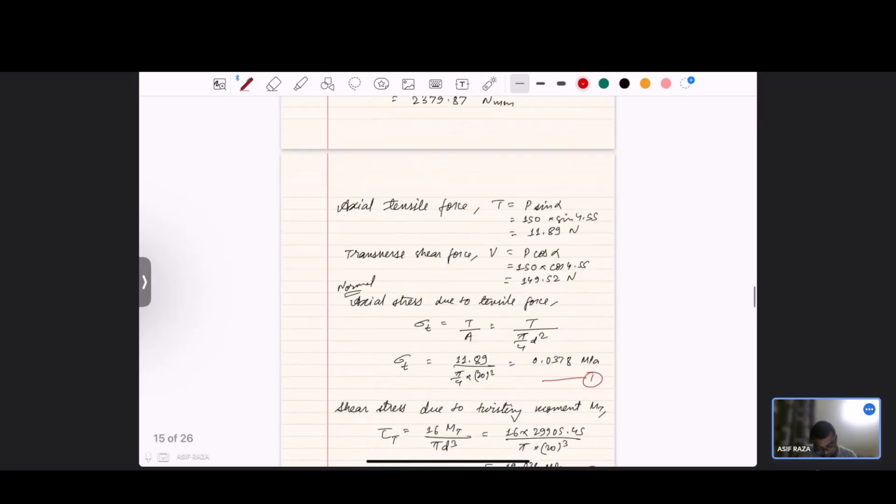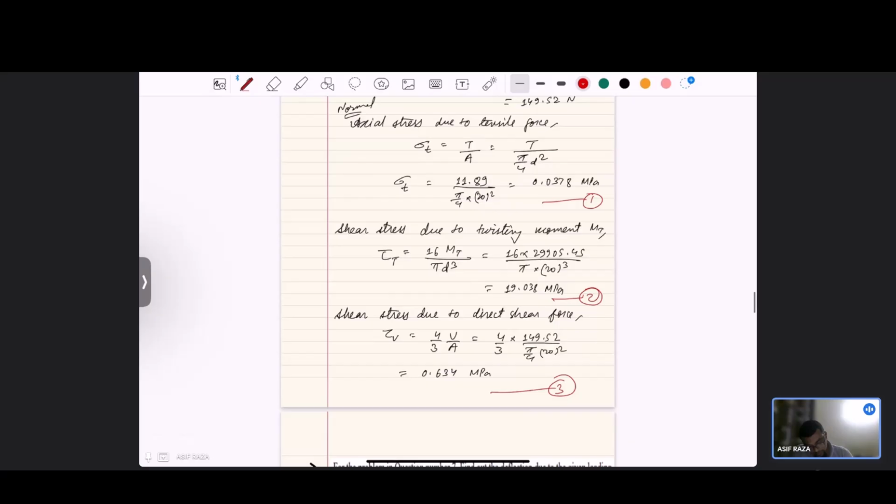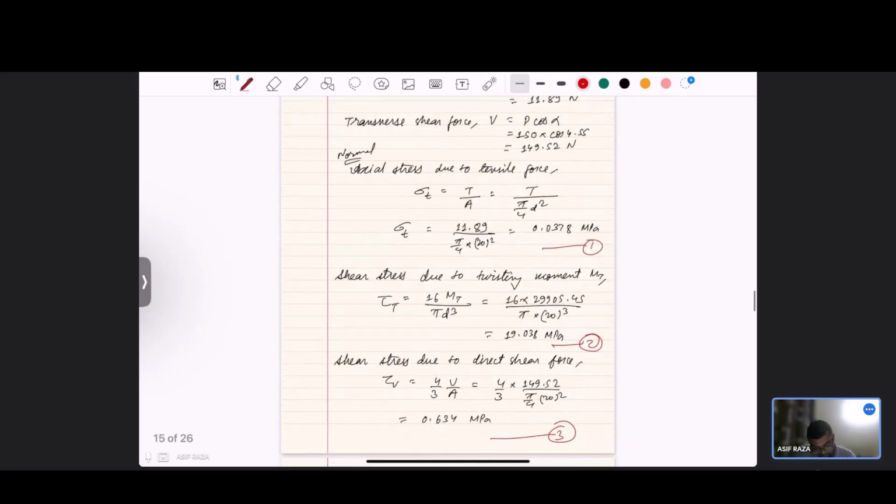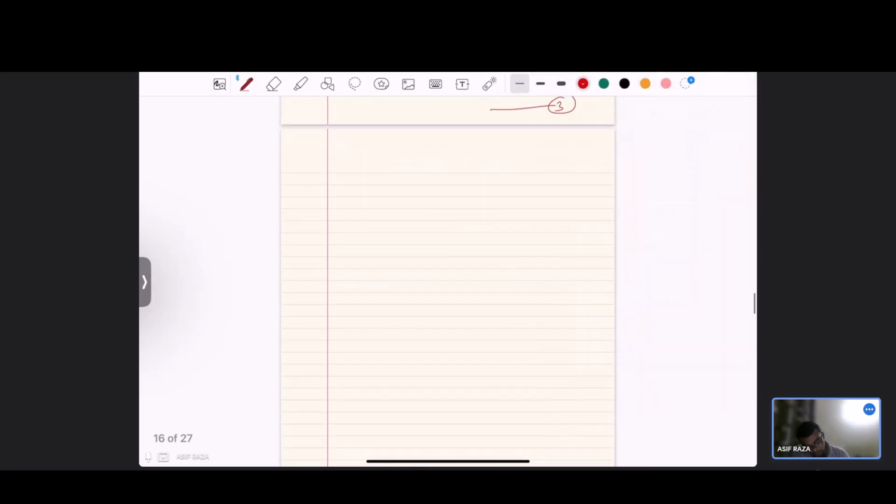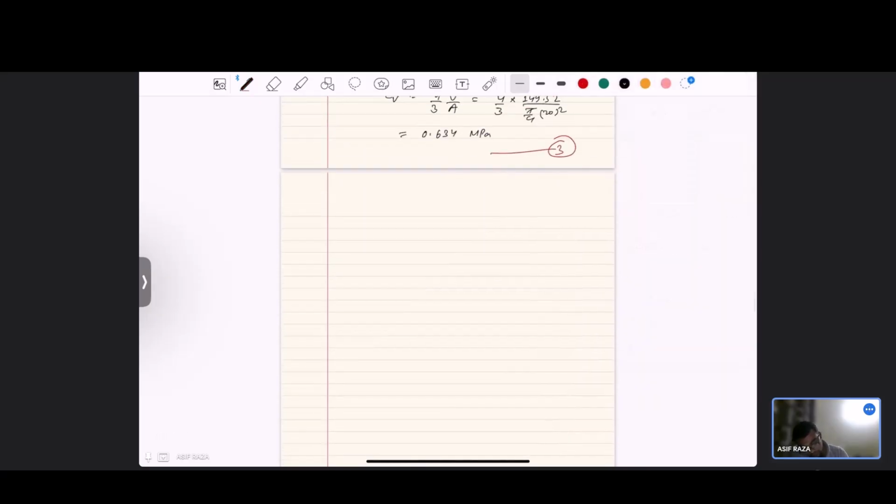Okay, anything else left? We are left with one more thing, the normal stress due to bending moment MB.